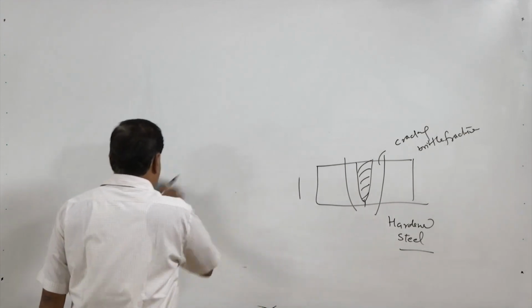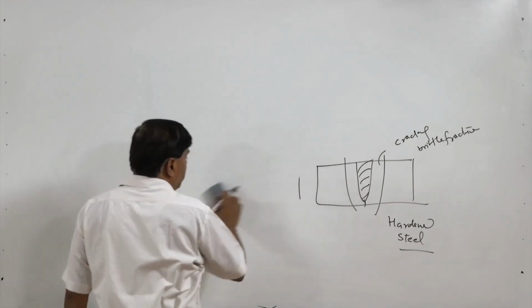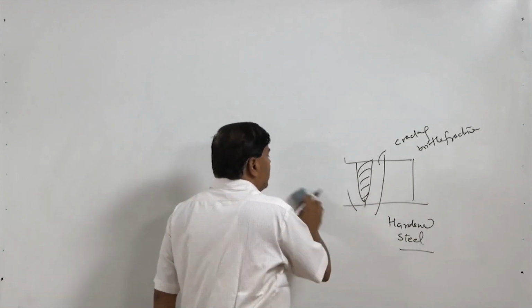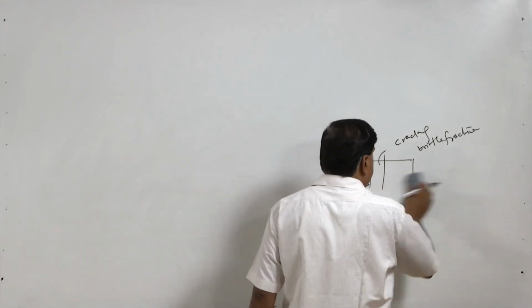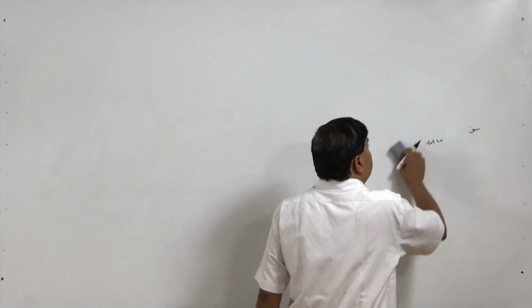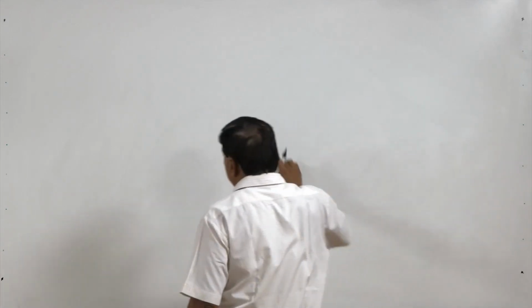So, those processes where the amount of heat required for the fusion is more, the size of the heat affected zone is also found to be more. This is what we have seen in case of the heat sources for the welding.